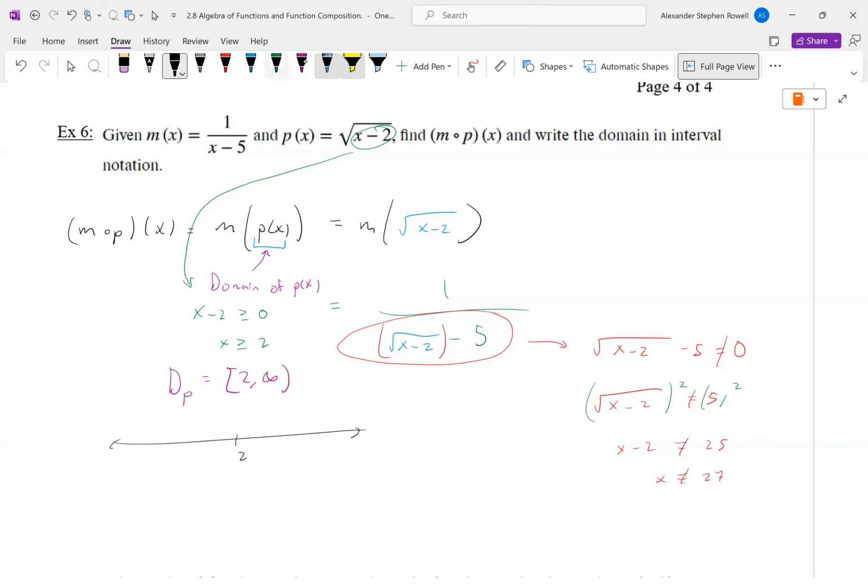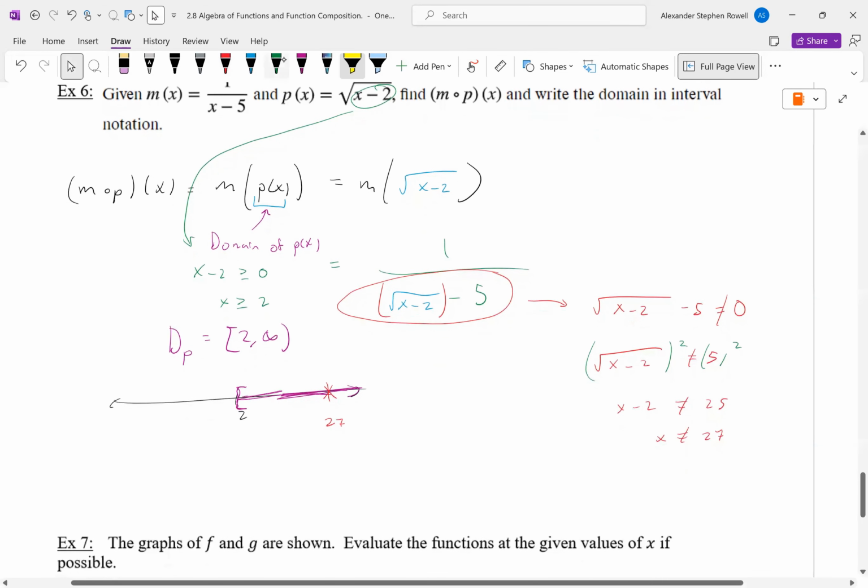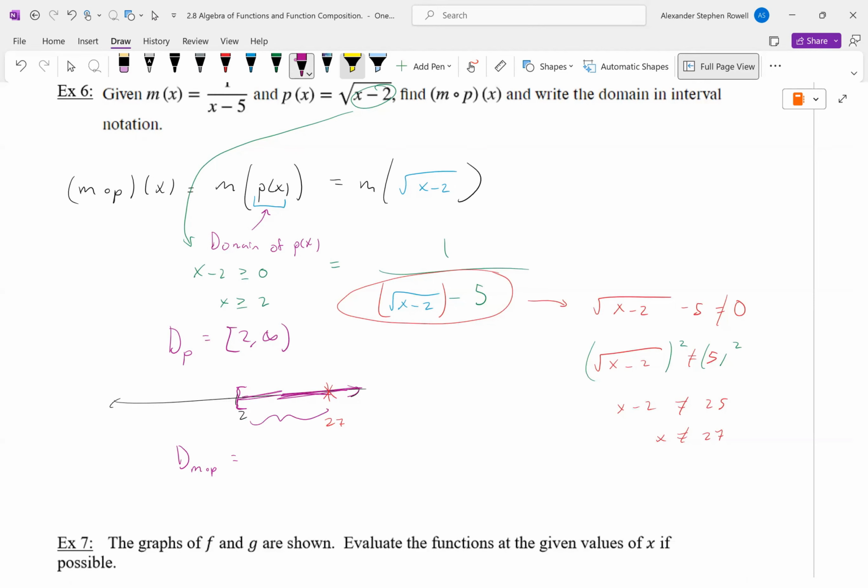Here's 2 to infinity. Here's 27. But I need to throw that one value out. So the domain of m composed of p is this interval, which is 2 to 27, not including 27, parenthesis, union 27, not including 27 to infinity.